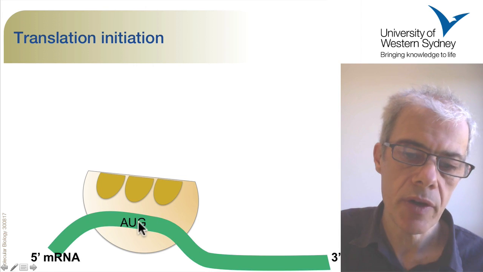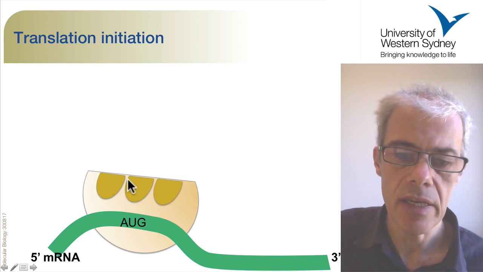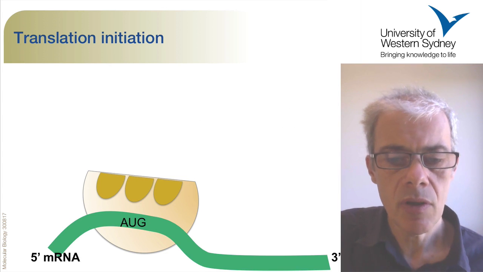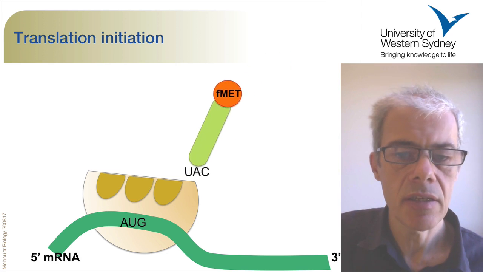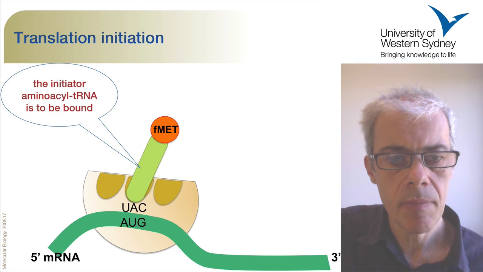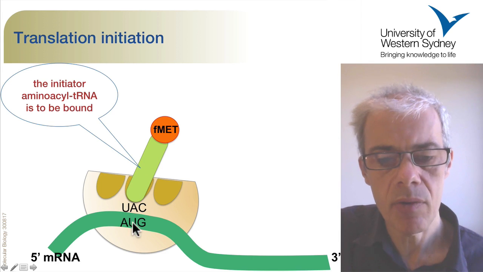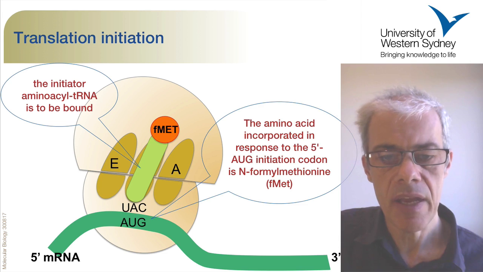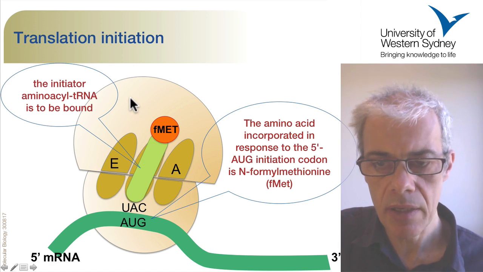And the start codon is positioned at the P site. So once this structure is assembled, the initiator transfer RNA is able to bind. So the initiator aminoacyl tRNA is bound to the start codon. And then around this small subunit, the large subunit can then bind.